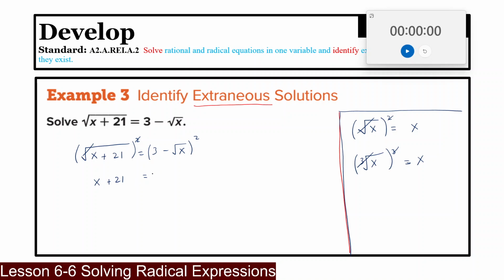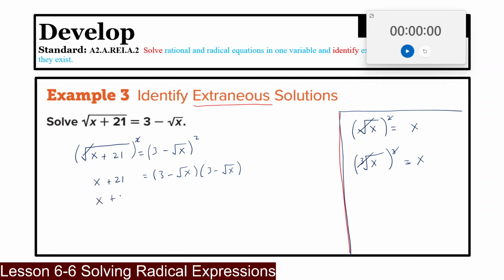So here, the square means that I get to multiply 3 minus square root of x times 3 minus square root of x. Because that's what square means, right? Multiply twice. So that's what we're doing. So what do we get?